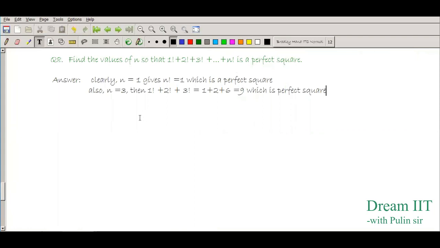Now, just try to remember, is there any perfect square which finishes with 3? No, because we already came to know that numbers which end with 2, 3, 7, and 8 can never be perfect squares. Can you remember? So that's a fact we are going to use.